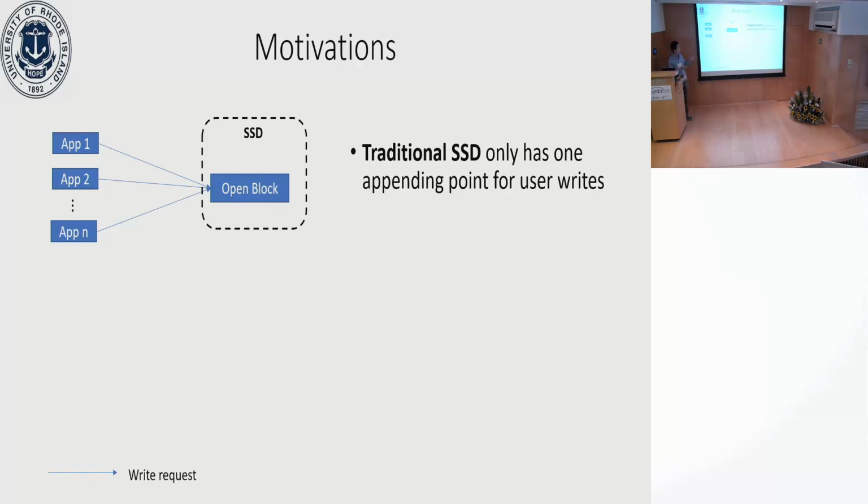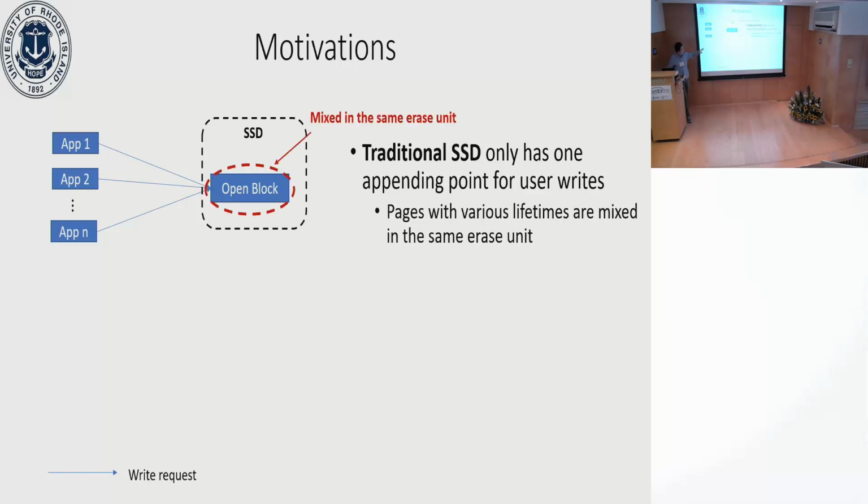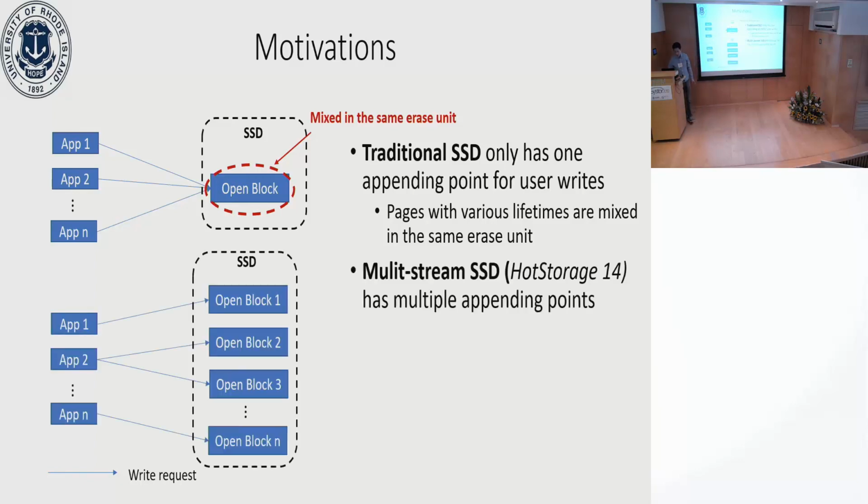In a traditional SSD, there is only one appending point for user writes. You can see here that pages with various lifetimes from different applications or virtual machines will be stored mixed in the same erase unit. Multi-stream SSDs have multiple appending points, implemented by maintaining several open blocks.